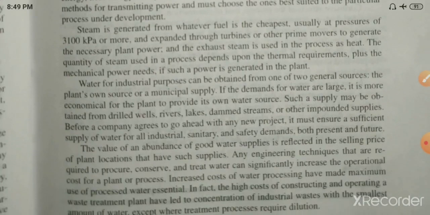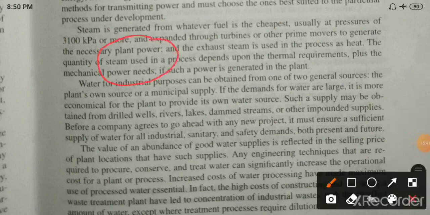Steam is generated from whatever fuel is cheapest, usually at a pressure of 3100 kilopascal or more, and expanded through the turbine or other prime movers to generate the necessary plant power. For this, steam is used in the power generated of the plant.